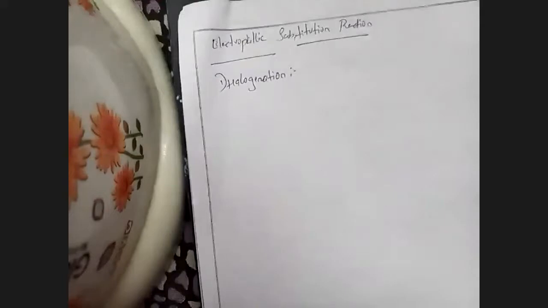What do you mean by halogenation? There will be an addition of a halogen group to chlorobenzene. That is, a chlorine halogen is already there, and you are adding one more halogen group to the benzene ring which already contains a halide.